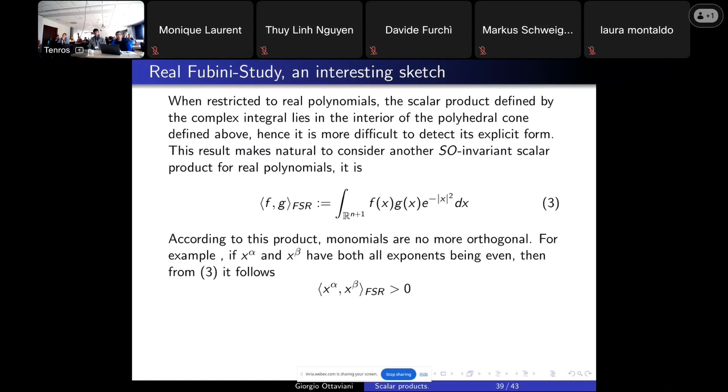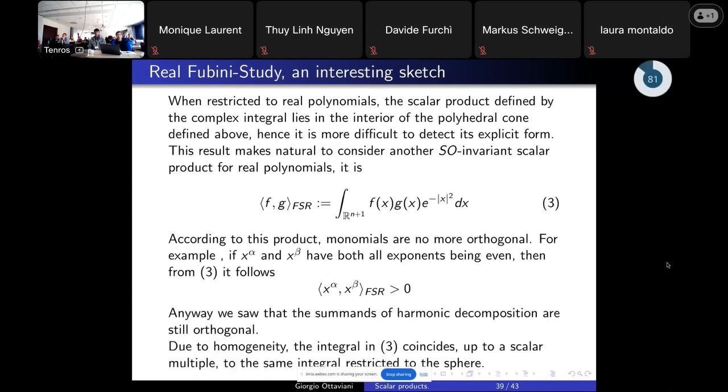So it is different from the previous one, and then you can enjoy. And in the exercise sheet, I put some exercises computing these, even for matrices is non-trivial. Something remains true, that according to these, the sum of harmonic decompositions are still orthogonal.